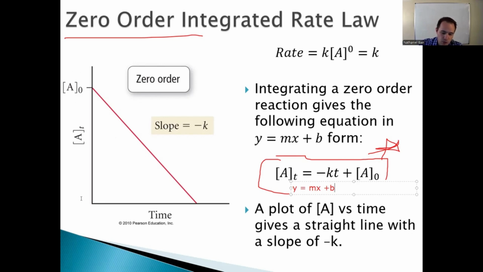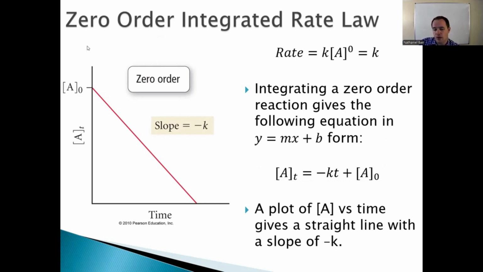We have the concentration on the y, time on the x, and you'll notice we get a negative slope, negative k. So if we could get the slope of this line multiplied by -1, that's going to be the rate constant k. So this is our first integrated rate law. You'll see how we use these in a moment. That's for a zero order equation.